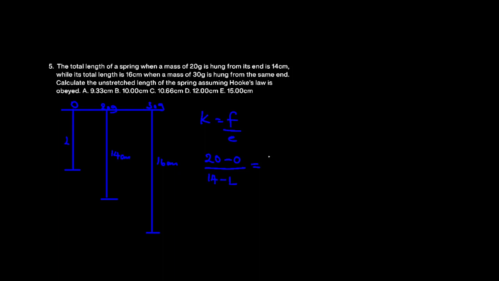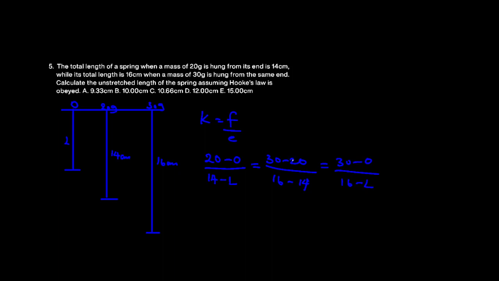That will be 30 minus 20 divided by 16 minus 14. That's the change in length here. So do you get this now? So if this should be the case, you can as well say that this is equal to 30 minus 0 divided by 16 minus L. So whichever one you choose to use there, you can get your answer.